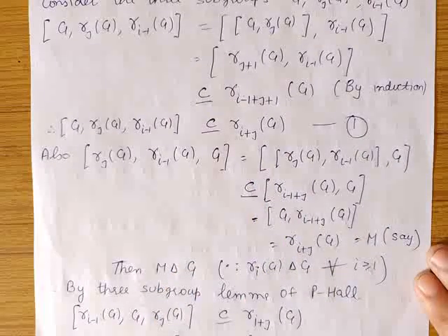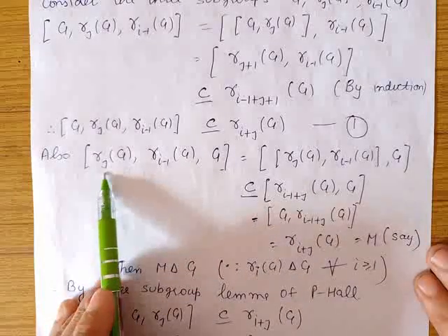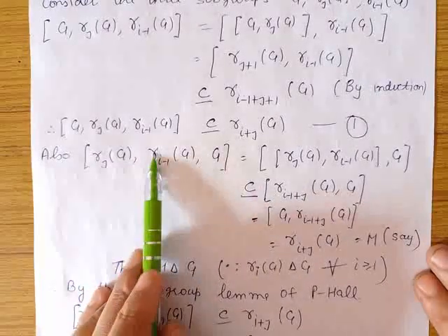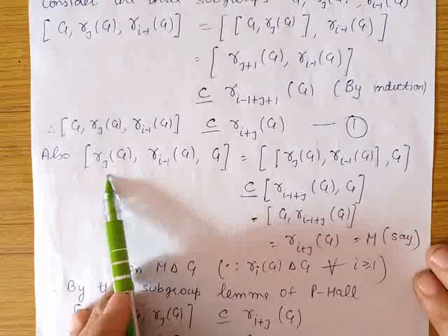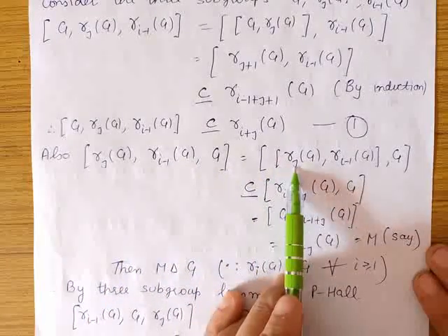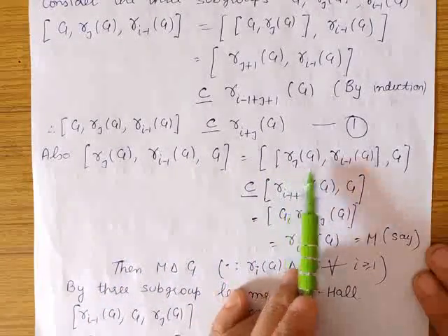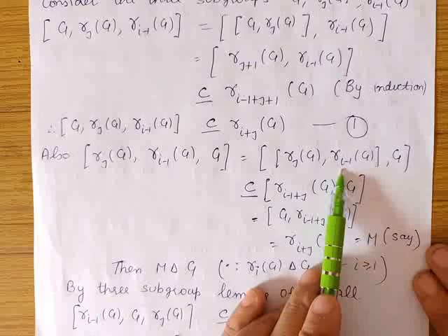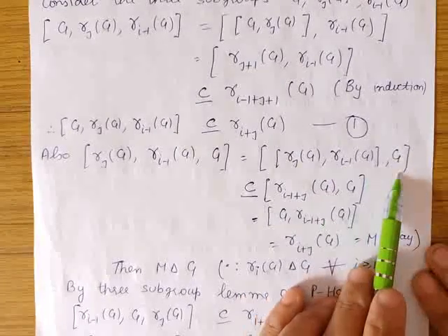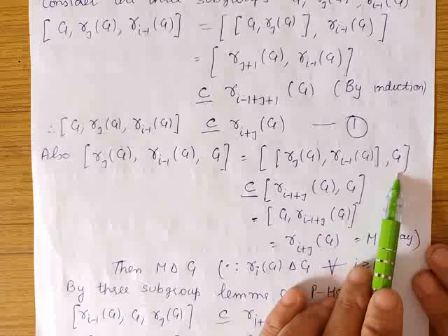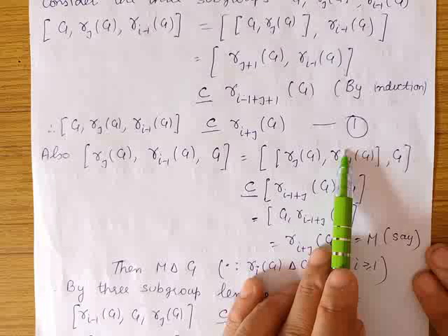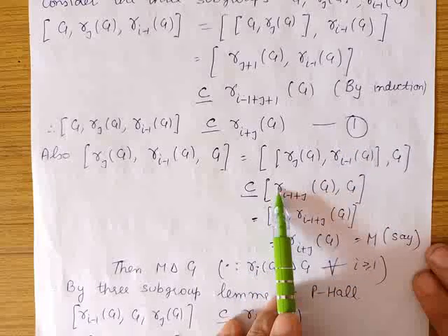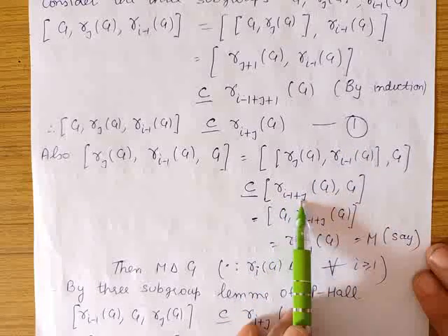Now let us consider the commutator of γ_j, γ_{i-1} and G. Now by definition again, this can be written as the commutator of γ_j with γ_{i-1}, and then its further commutator with G. Now again, this commutator is contained in γ_{i-1+j}.